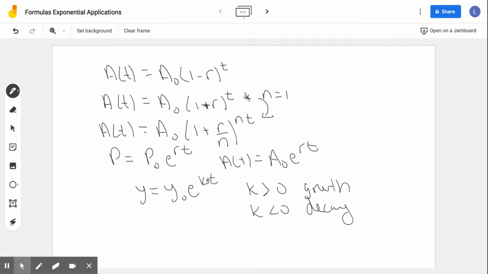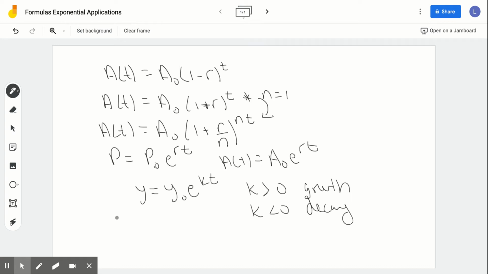And if k is not your final answer, if you're finding k in order to get your final answer, remember you don't round answers that are not your final answer. So either you keep significantly more decimal places for k, or even better, keep k exact. If k turns out to be 1/3 ln of 4, then keep k as 1/3 ln of 4. So just make sure that you don't round non-final answers.